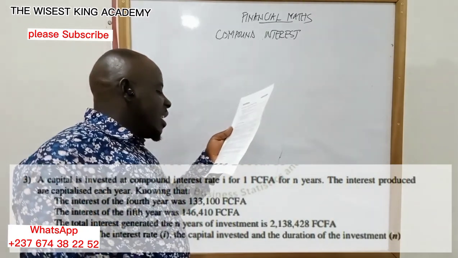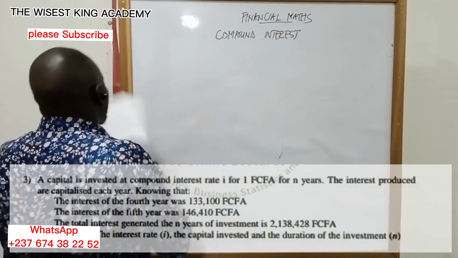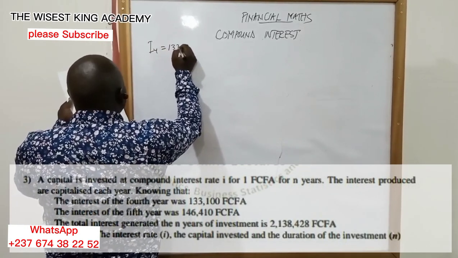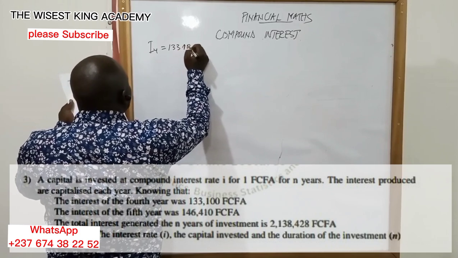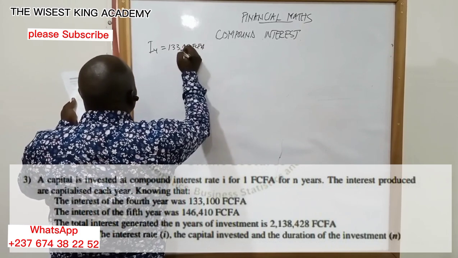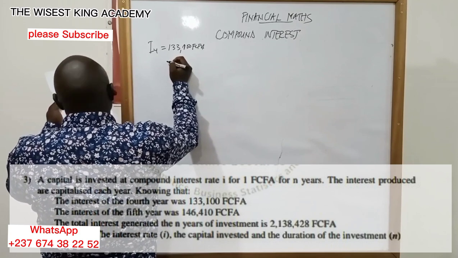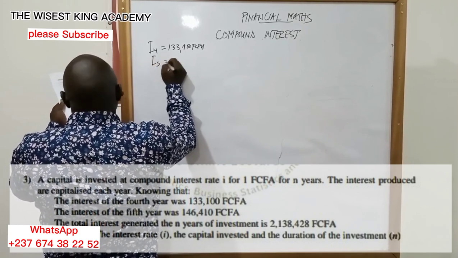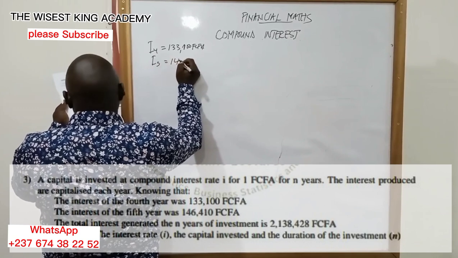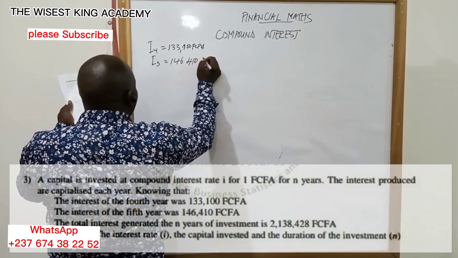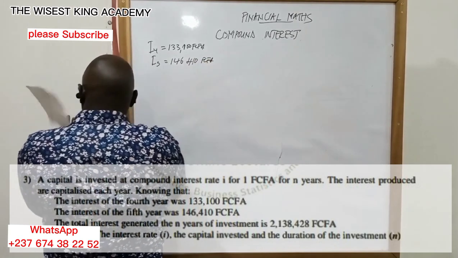Knowing that the interest for the 4th year, I4, was 133,100 francs CFA, and the interest for the 5th year, I5, is equal to 146,410 francs CFA.